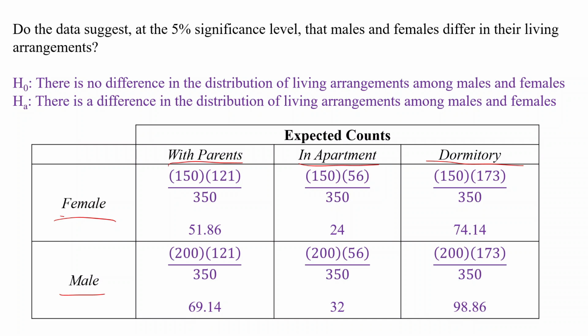So I copy down that same table and then I fill in with these expected counts. Okay. So all of those expected counts get filled in the table. And right now we do it by hand, so just bear with me on that until we learn how to use our calculator for a little bit easier of a time.